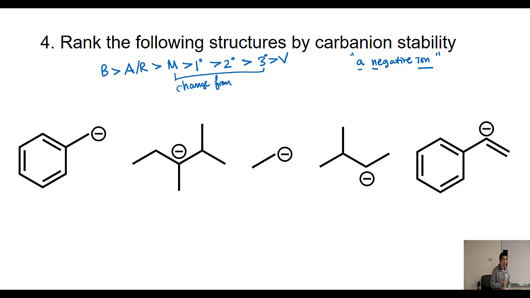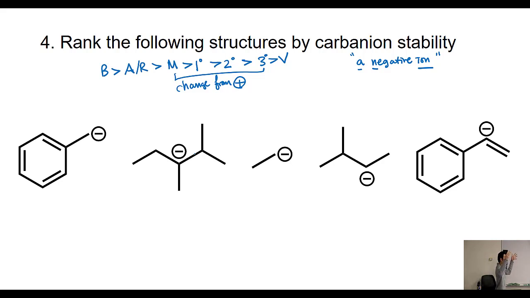Is there a reason? Let's think about it. Is an anion extra electrons or lack of electrons? Extra. So here I have a tertiary. If I have hyperconjugation, I have all these methyls that are willing to donate electrons towards my extra electron site. Do I like that or dislike that?